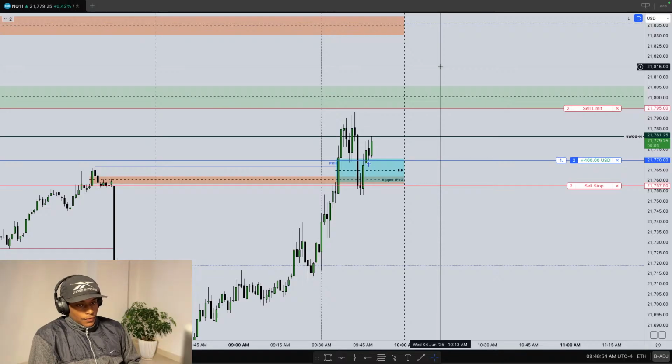Okay, hitting the high of the new week opening gap that we're currently trading around. We've got a new opening gap above price, above the high of the day. So that's something to look out for.